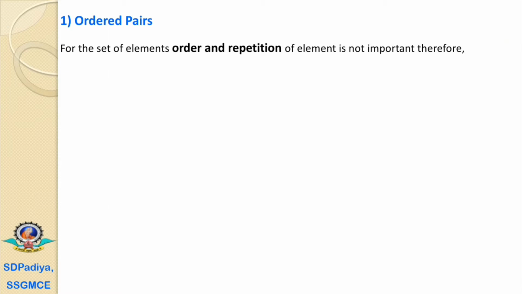In our previous videos, we have discussed sets. For a set of elements, the order and repetition of the elements is not important. Therefore, the set of elements 1, 2, 3, 4 equals the set of elements 2, 1, 3, 4, because the order or sequence is not important. We can change the sequence.